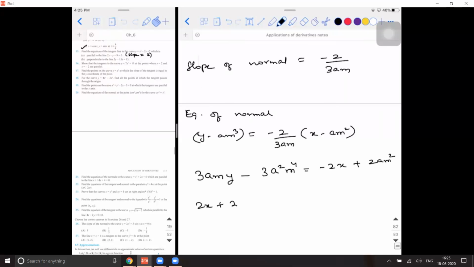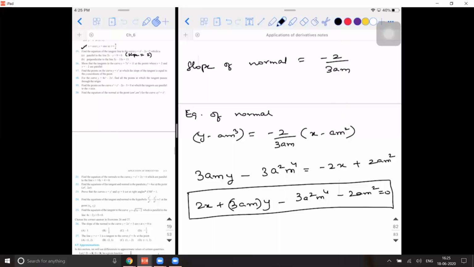So 2x plus 3am y minus 3a square m power 4 minus 2am square. So this is going to be the equation of normal.